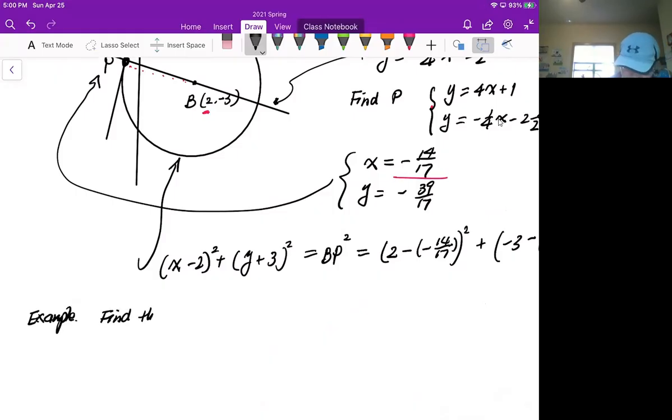Find the equation of the line through a given point.